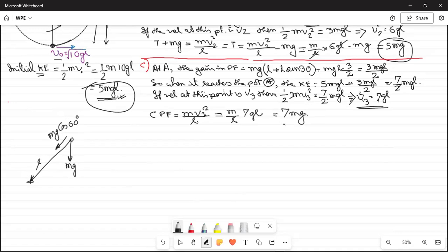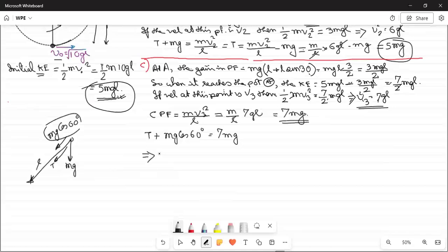So in this case, centripetal force is 7mg. And also there is a tension in the string. So in this case, tension in the string T plus the component of the mg force, mg cos 60, is equal to the centripetal force 7mg.